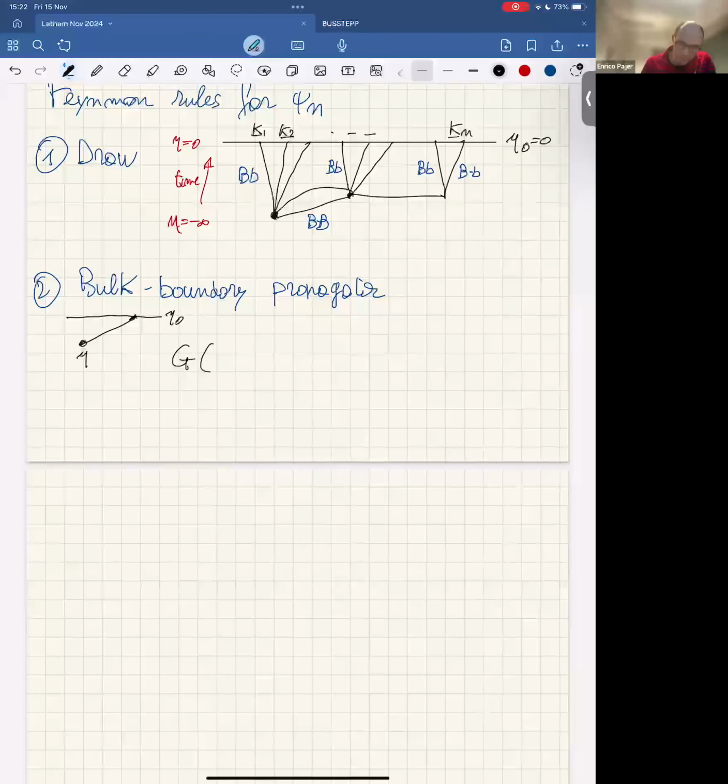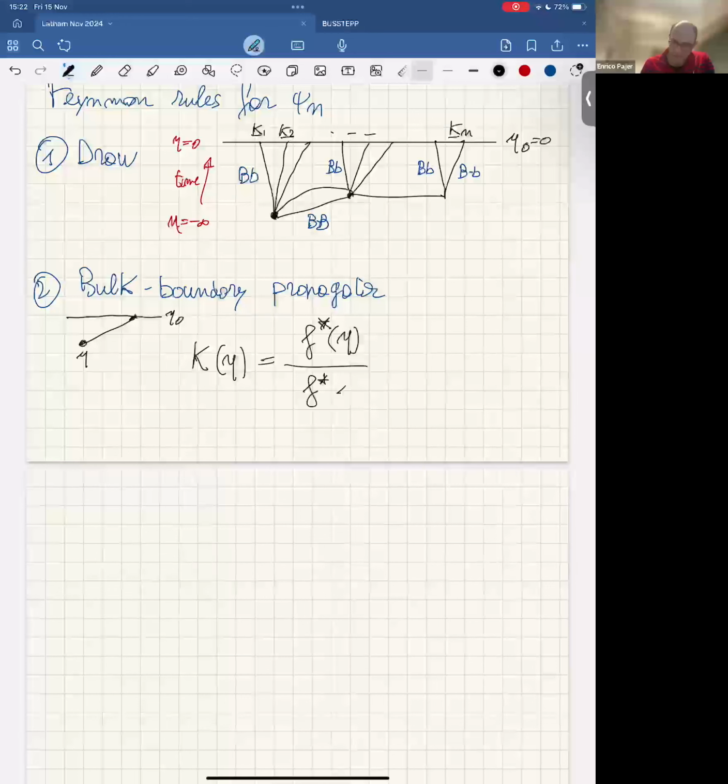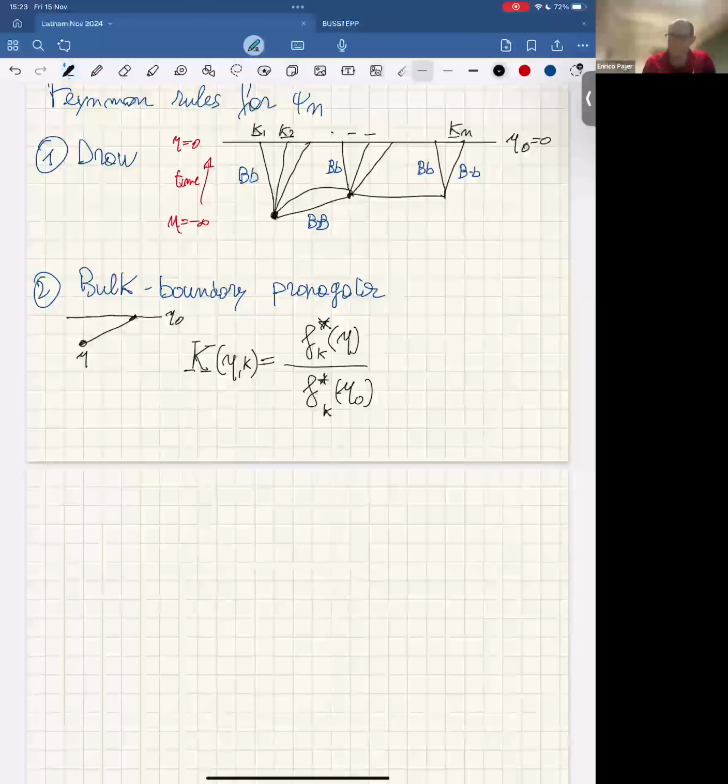This is a propagator that I call K of eta, and it is equal to f star of eta divided by f star of eta 0, where remember this also depends on momentum, and it's called with capital K. This satisfies the equation of motion because it's just proportional to the mode function, and the boundary condition is that it is 1 at the boundary.